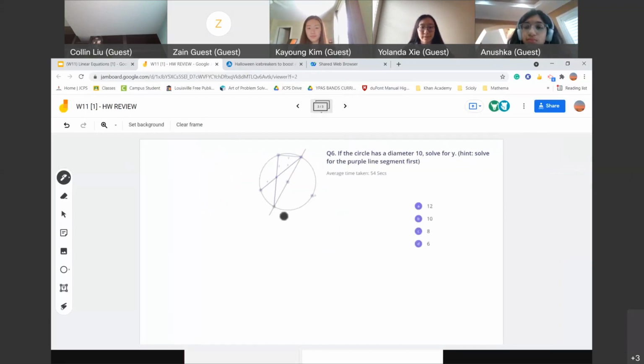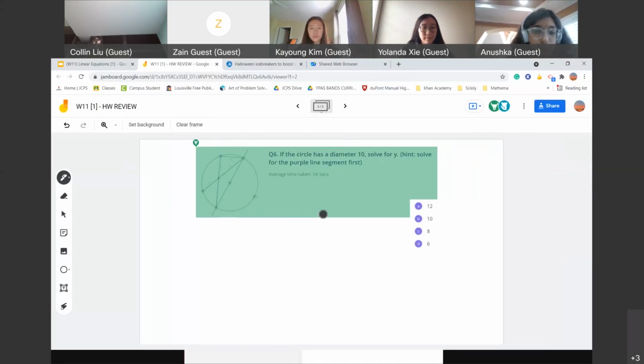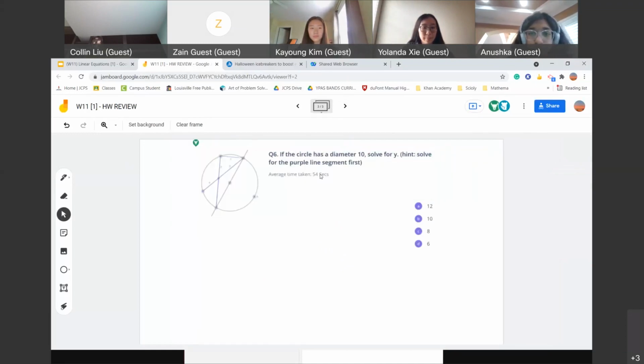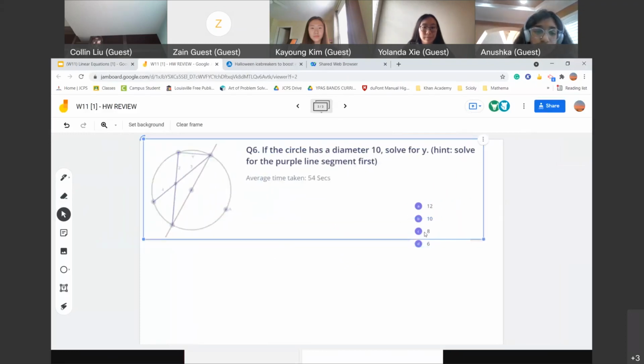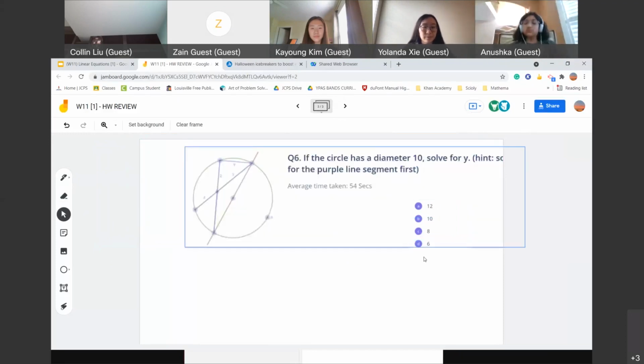For this final one, it says, if the circle has a diameter of 10, solve for y. I'll try to make this picture a little bit bigger. If you're on it, you should be able to see the numbers. We're going to focus on the two blue purplish chords.